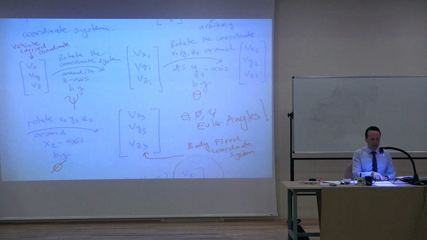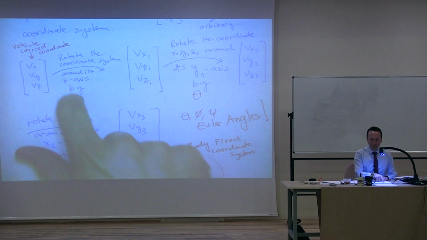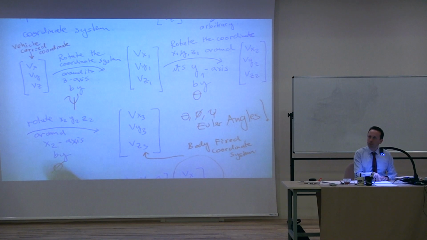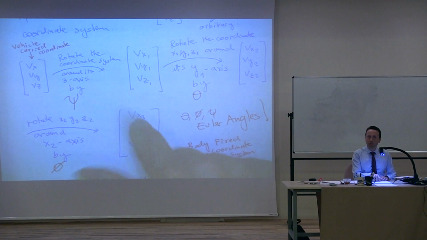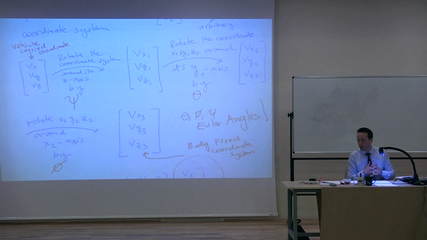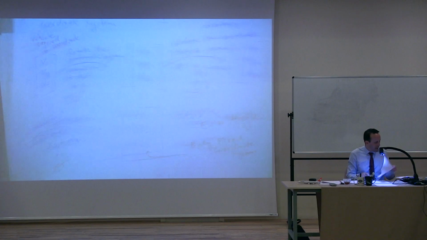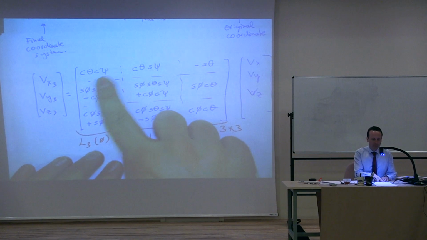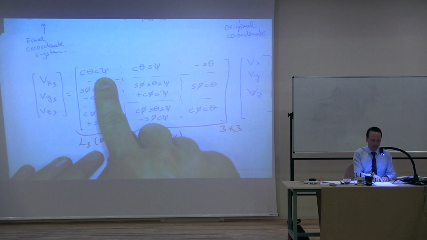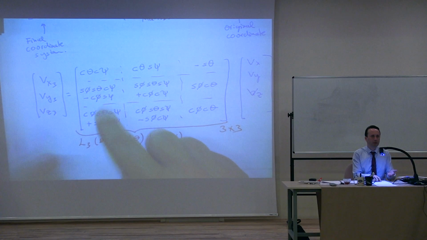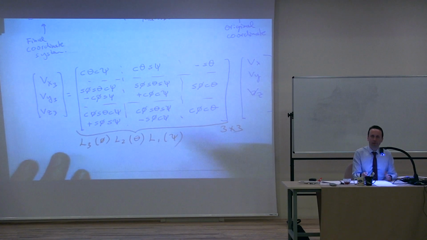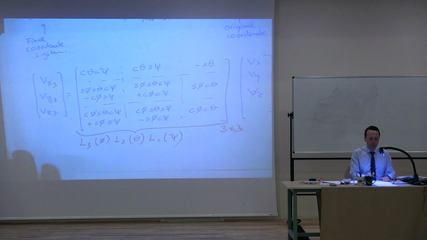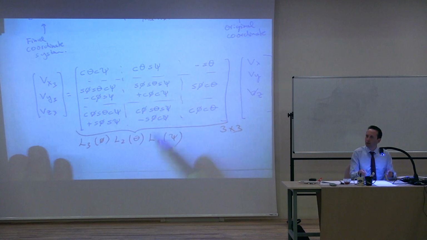In flight mechanics, as I said, we go from vehicle to body, body to vehicle. If you know one of them, you can use the other one. Because at the end, these are just numbers. There's a cosine theta, cosine psi, sine phi, and so on. At the end, you will have a 3 by 3 matrix that will look like 3, 4, 5, 6, 7, 8, 9, those numbers.